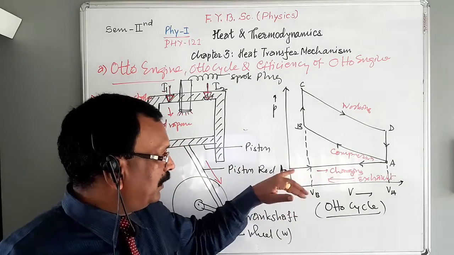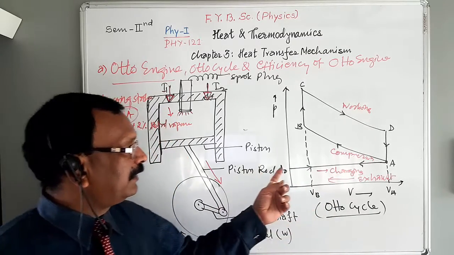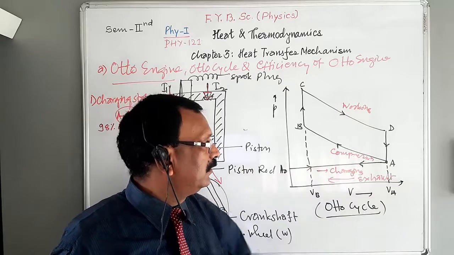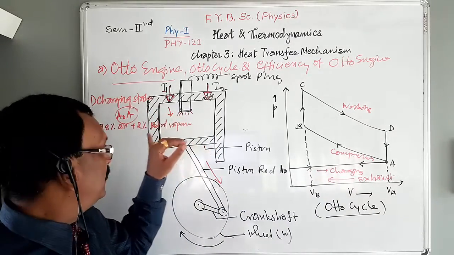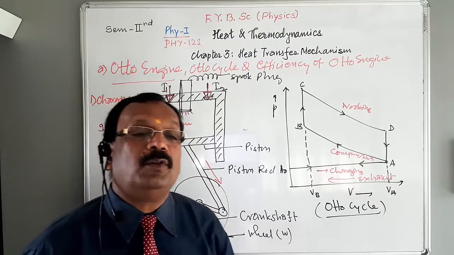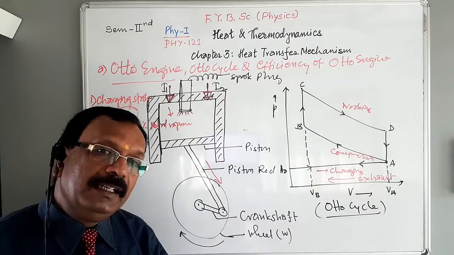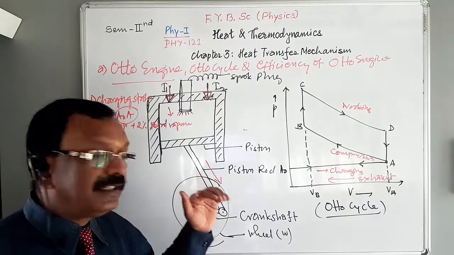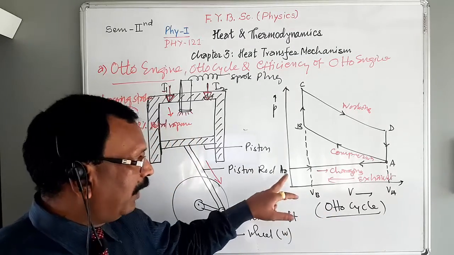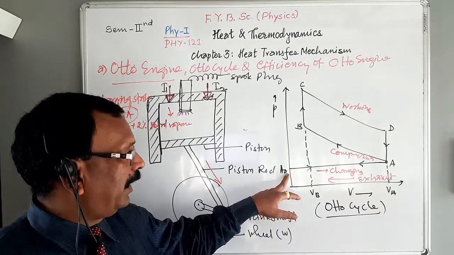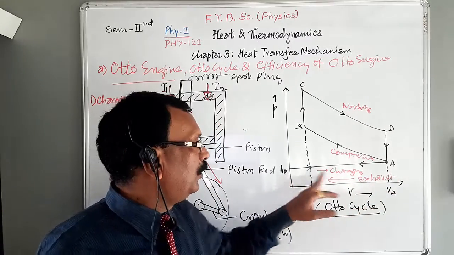After looking at this line, it is clear that the charge is taken in at constant pressure, that is isobarically, and obviously volume goes on increasing from 0 to VA.